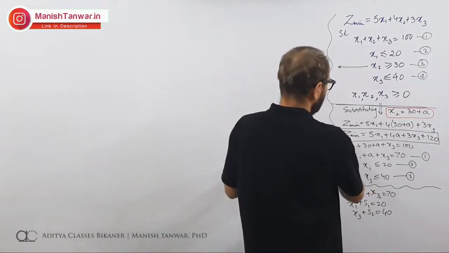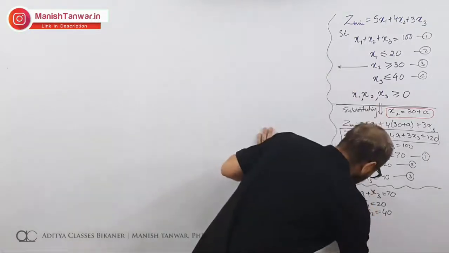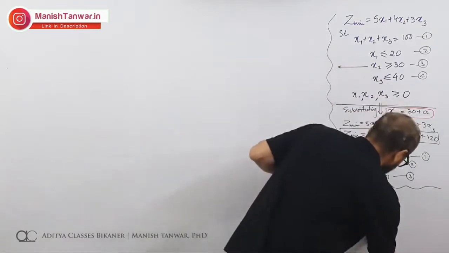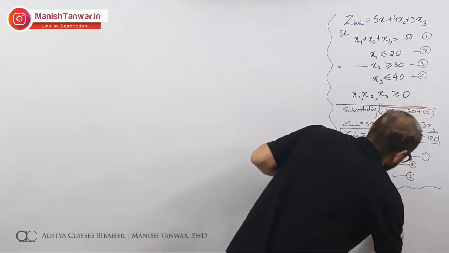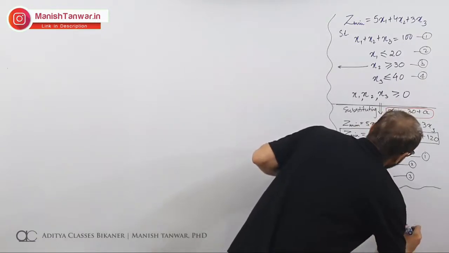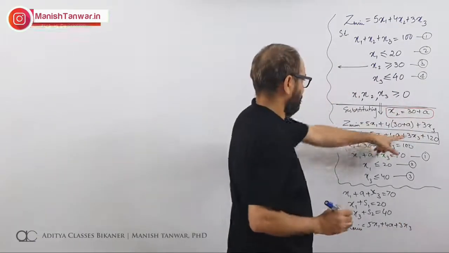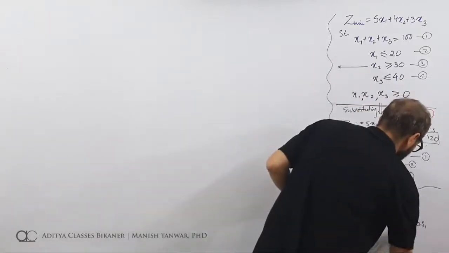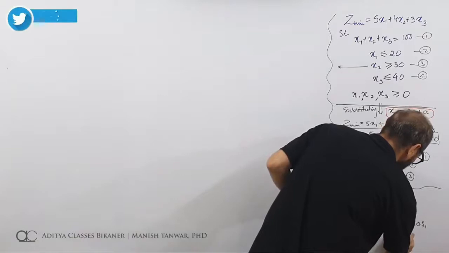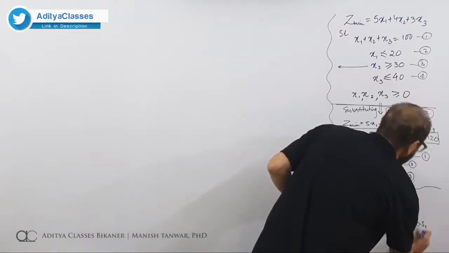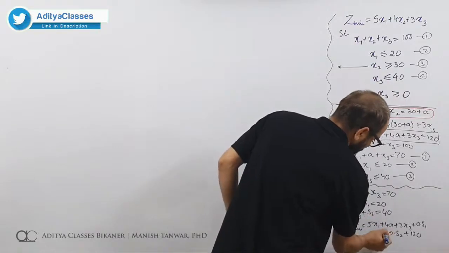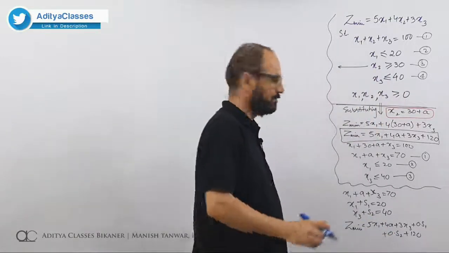Those new variables would be incorporated into Zmin also, to get 5x1 plus 4a plus 3x3 plus 0 into S1 plus 0 into S2, plus there is a constant of 120 also. So this becomes my conversion of canonical into standard.